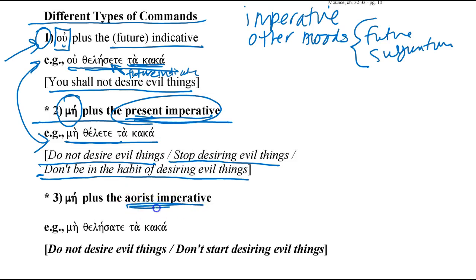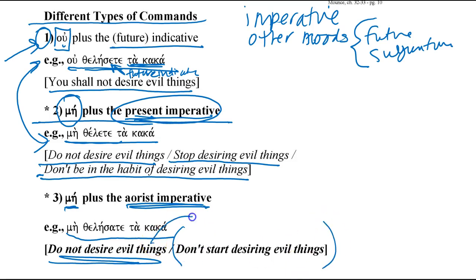What if you use the aorist imperative, where the action is undefined and not continuous, and you use the me to make it a prohibition? Me thelasete ta kaka, do not desire evil things. So it's the same translation, but since there's no continuous aspect, it might be that you haven't started yet.